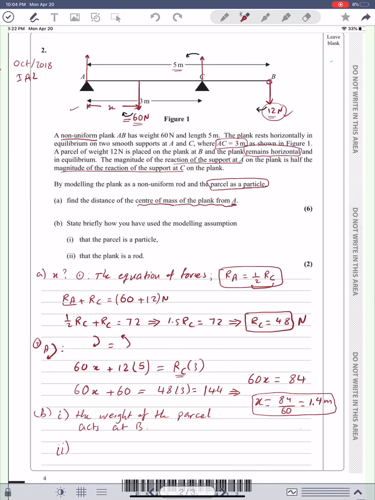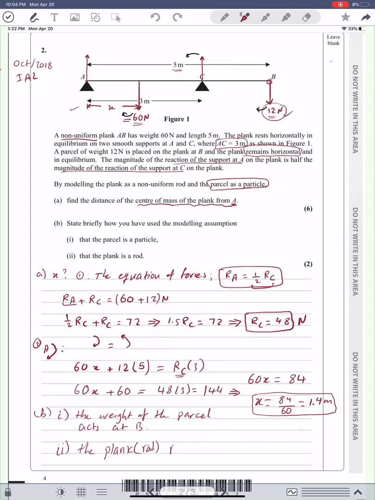Part 2: the plank is a rod. Remember, what is the rod? It's a light, rigid body. So whatever happens in the motion, the plank, which is the rod, why is it a rod?